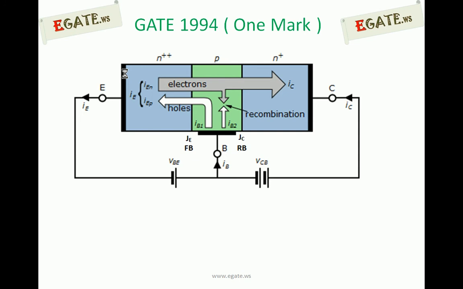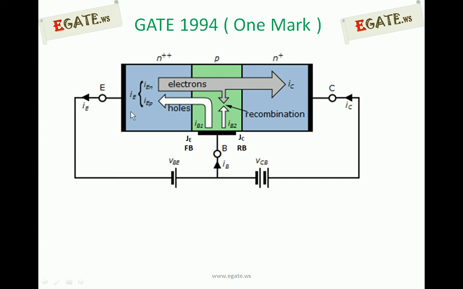This process is called biasing. Biasing is the process of keeping the transistor in the active region with the help of external voltages and current limiting resistors. So here VBE and VCB are chosen such that the emitter base junction is forward biased and the collector base junction is reverse biased. Look at this one.